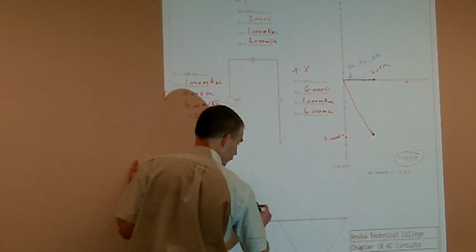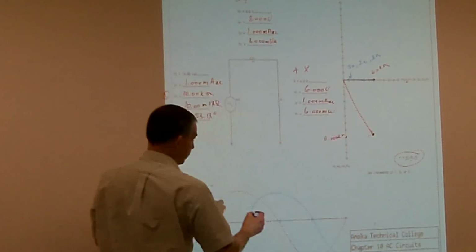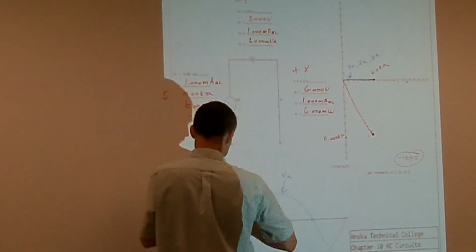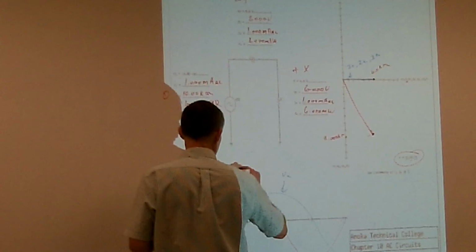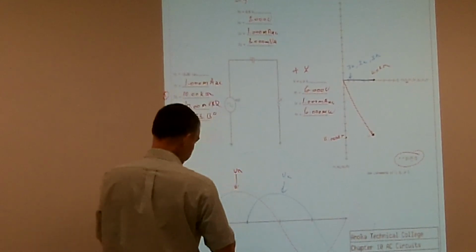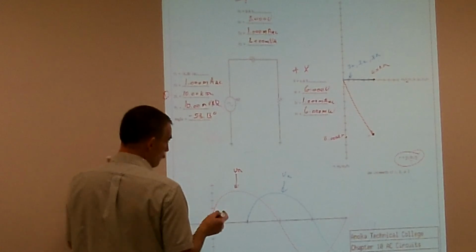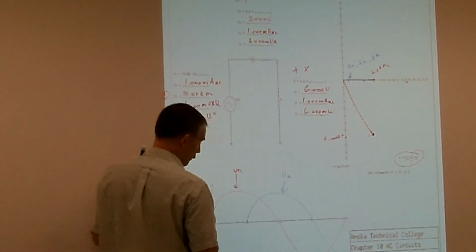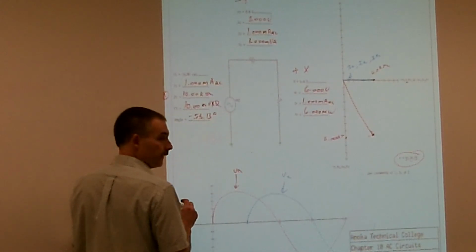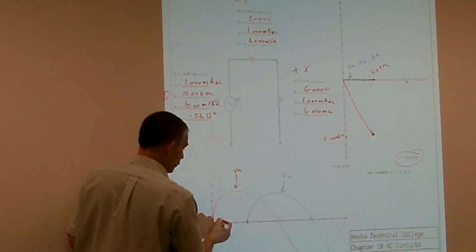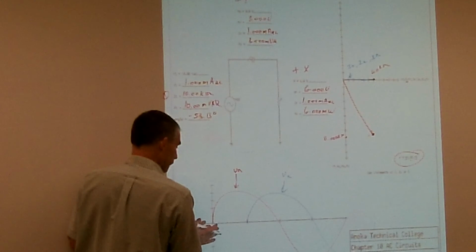Make sure you use the word lagging. So that's going to be my VC, and VR, and where's my VS? 53.3, or 93.3? Okay. 90 degrees.